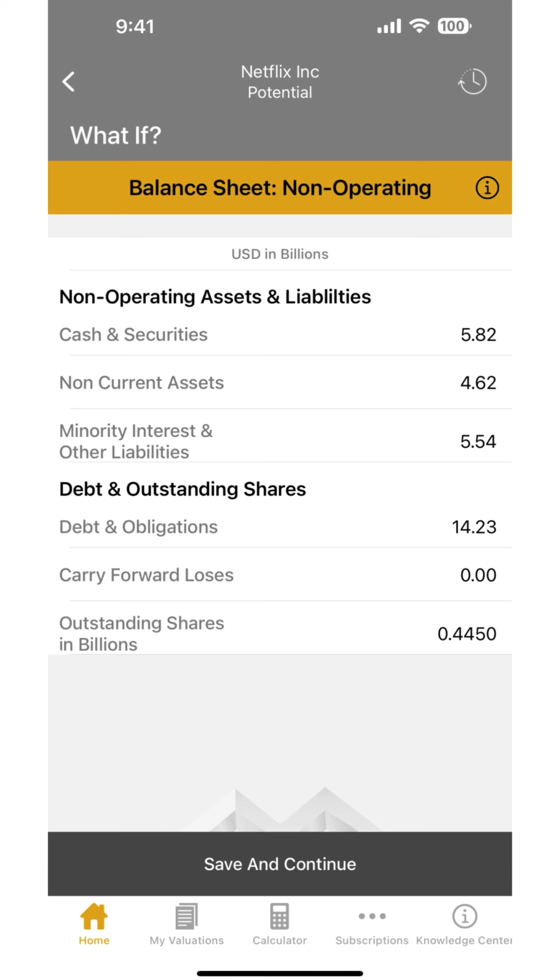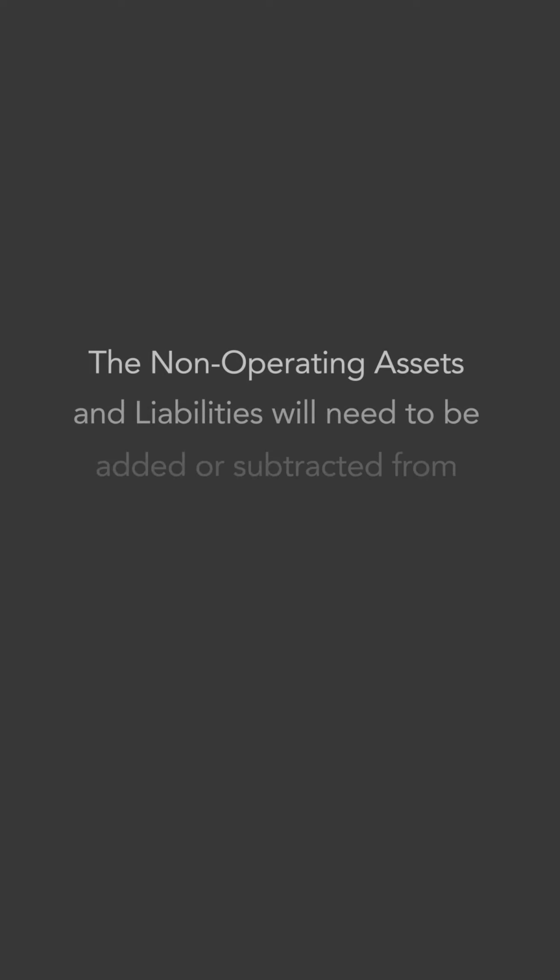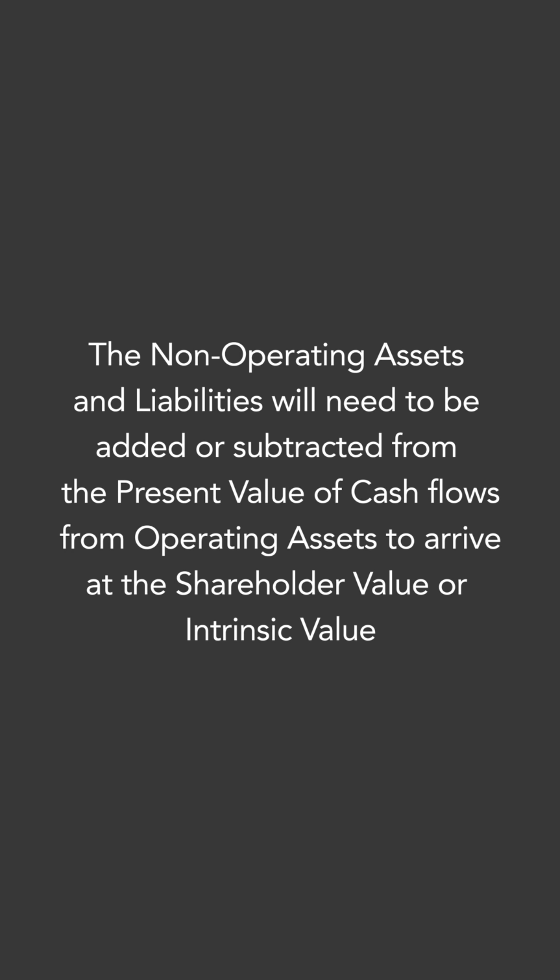The balance sheet, non-operating screen essentially consists of non-operating items that do not contribute to generating operating cash flows. The non-operating assets and liabilities will need to be added or subtracted from the present value of cash flows from operating assets to arrive at the shareholder value or intrinsic value.